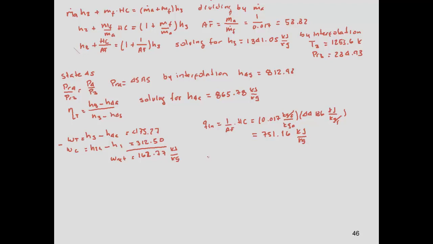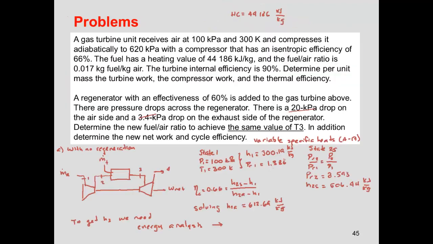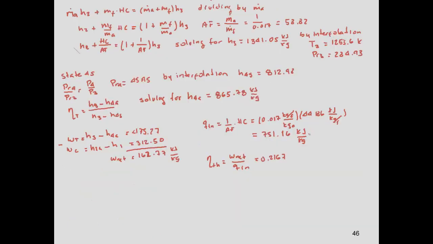So the efficiency will be net work divided by Q in, which leads to 0.2167. What we were asked was the per unit mass work of the turbine, the compressor, and the thermal efficiency.